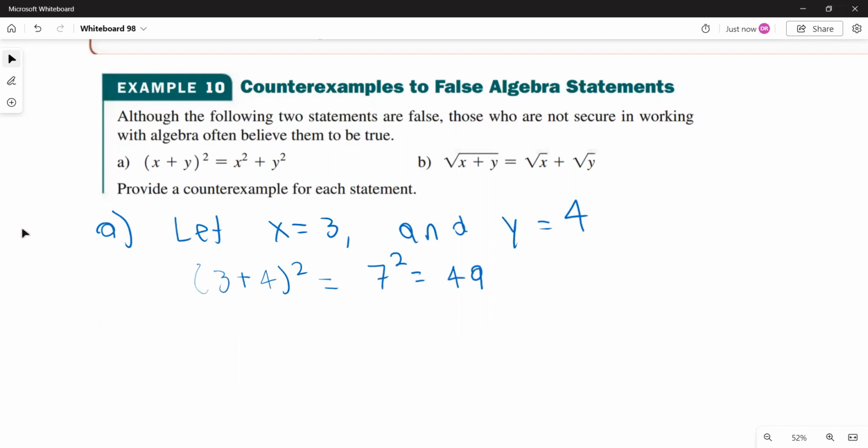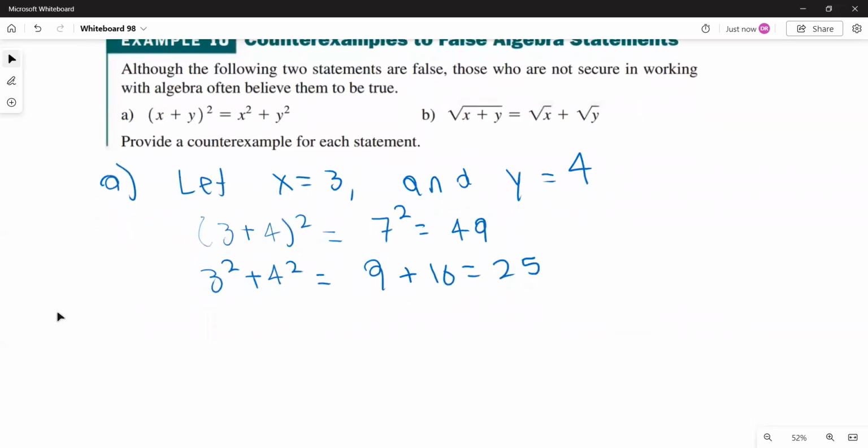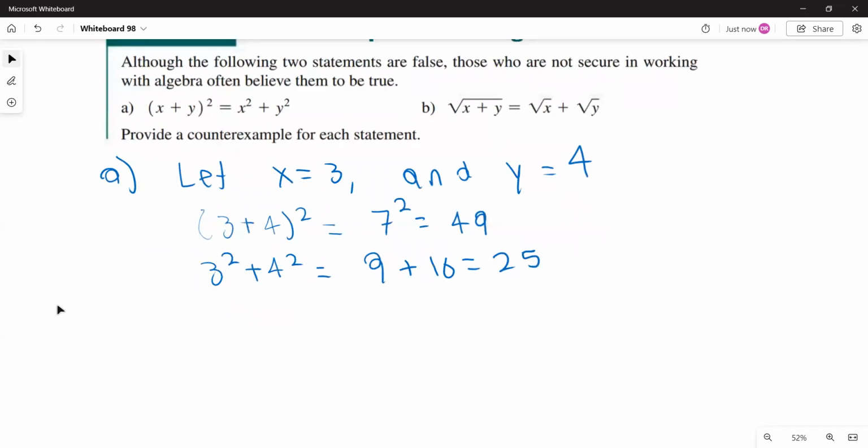And right-hand side, that one is going to be 9 plus 4, 9 plus 16. So that is 25. Now we can see that this is not true. We found two examples or two numbers for which this statement is not true. Or we found a counterexample for part A.